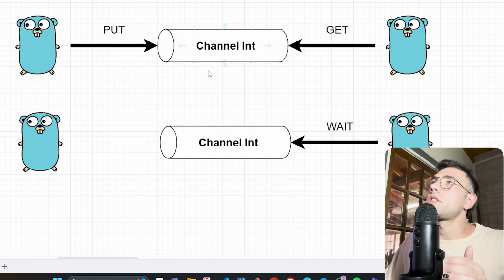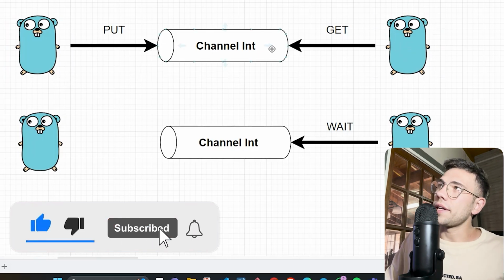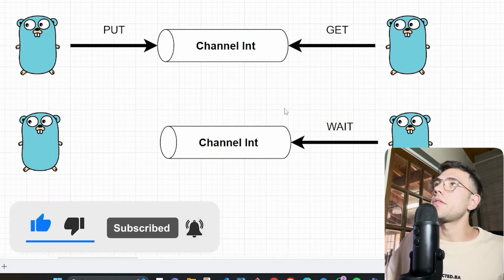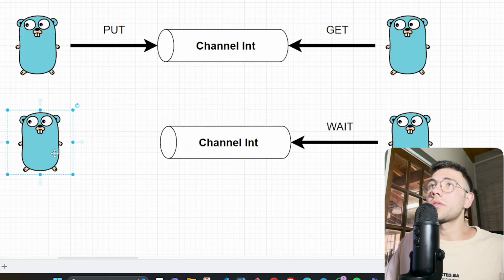In this case, it's a channel of integers, so this coroutine will put here a number, an integer, for example 5, and this other coroutine will be waiting for that message. So if this coroutine comes first and there are no messages on the channel, this coroutine will wait until the other coroutine puts the message.